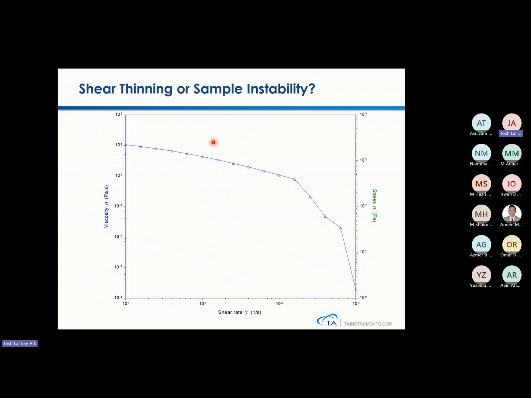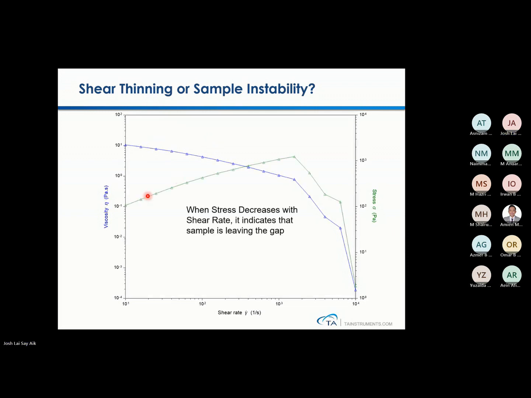Sometimes in a flow test, you have this viscosity that is initially very nice, and all of a sudden it comes down like this. So always check your shear stress to check whether this is sample instability or shear thinning. From 10 to around, let's say, 1000, the shear stress is still increasing.